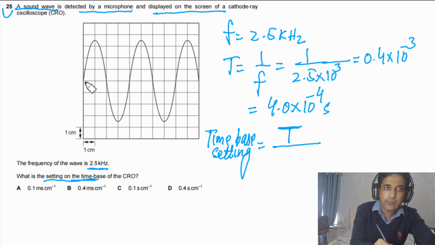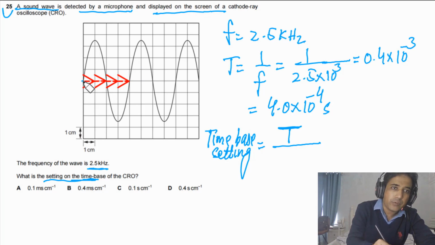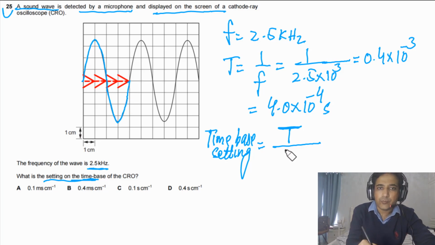First of all, this is 1 centimeter, and we have another centimeter, another centimeter, and another centimeter. So this is the complete wave. You need to find the length of one complete wave. You can see this wave starts from here. So this is one complete wave, and this is equal to 4 centimeters.